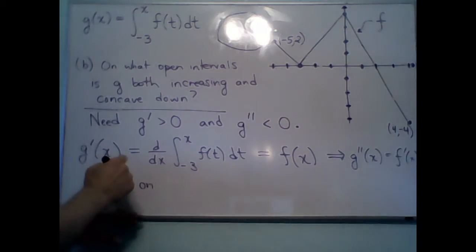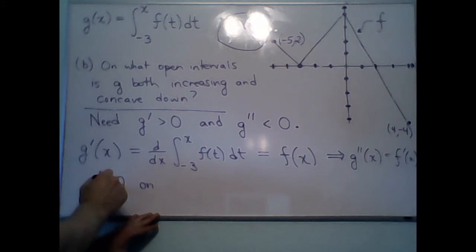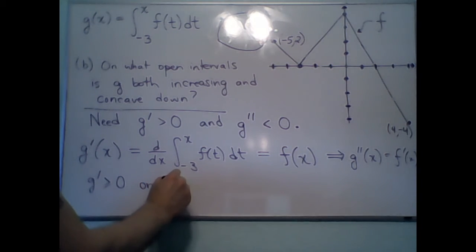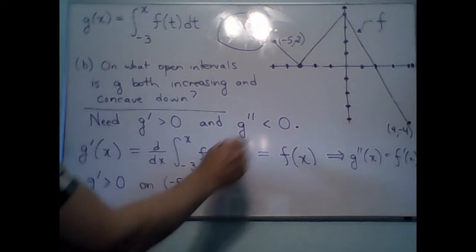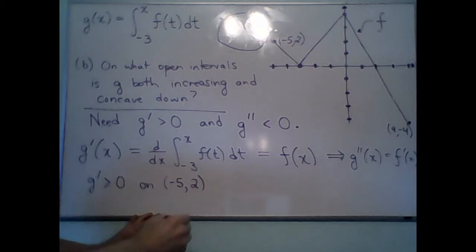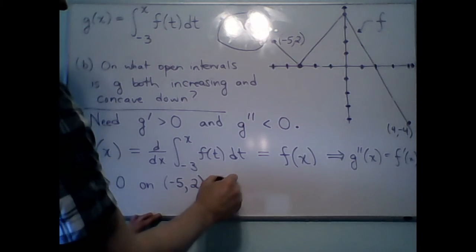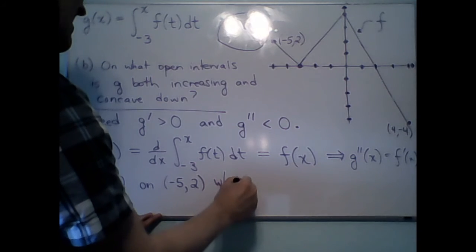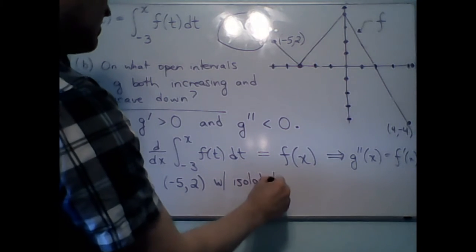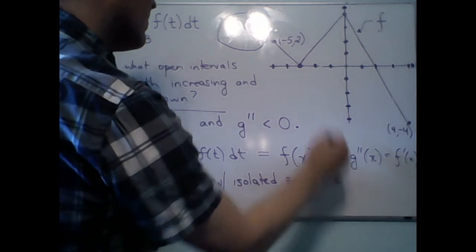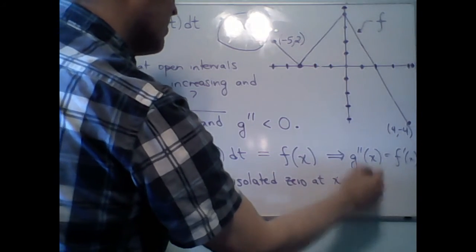So what I should probably say is g prime is greater than or equal to 0 on the interval from -5 to +2, that open interval, with an isolated 0 at x equals -3, right there.